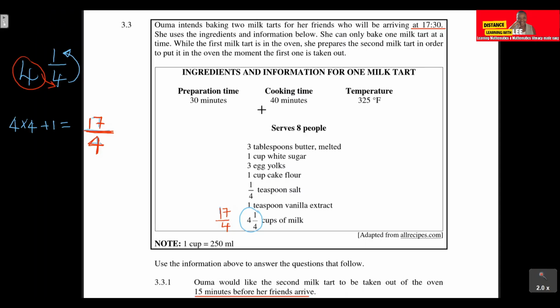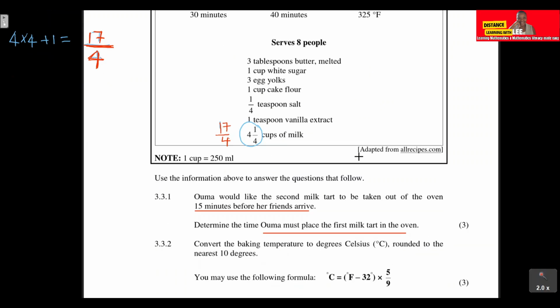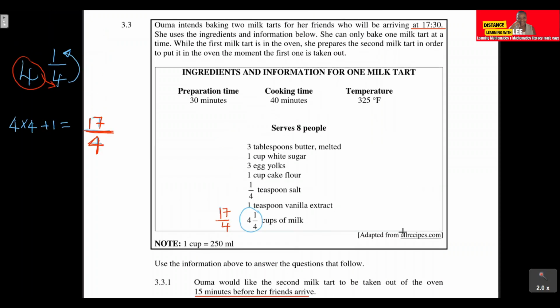Now we need to determine how long it takes for these milk tarts to be in the oven, and we need to subtract those times. For the second milk tart, it will be 40 minutes. So we subtract that. For the first milk tart, it will be 40 minutes. We subtract that. We are not going to add the preparation time because it specifically says that we need to determine the time Oma must place the milk tarts in the oven. So we're just focusing on the cooking time, the time that the milk tart is in the oven.